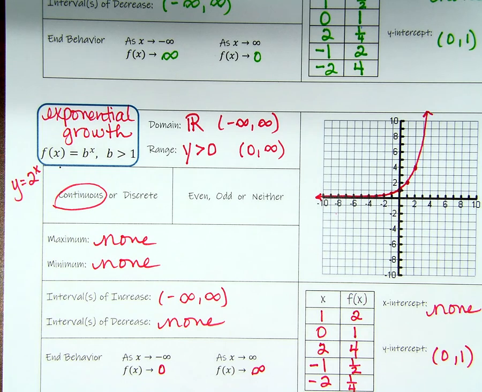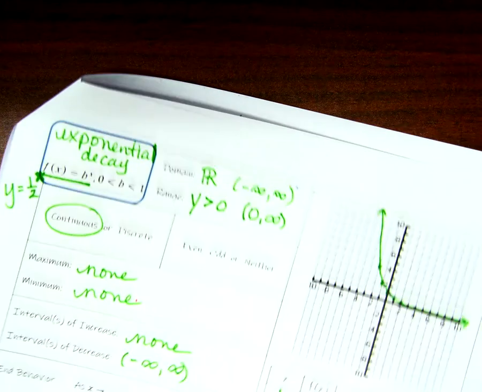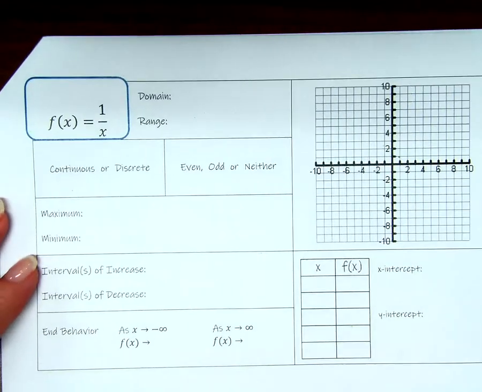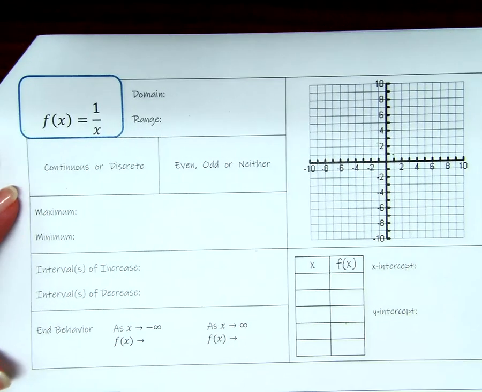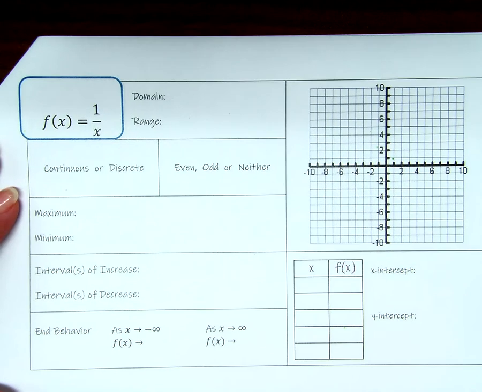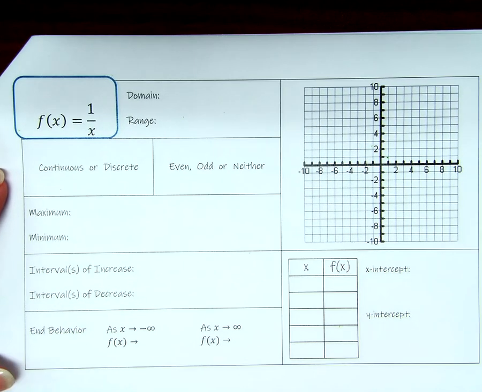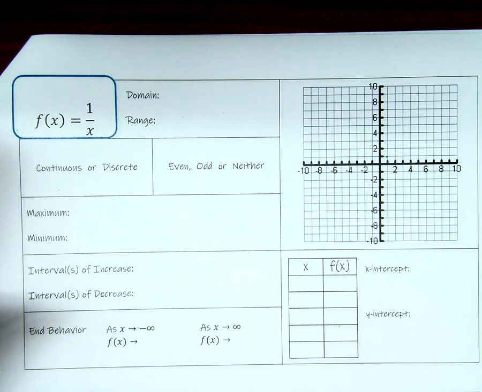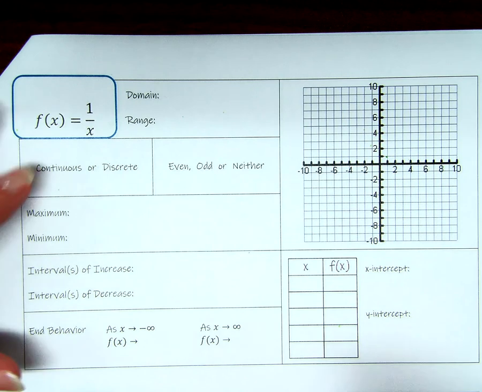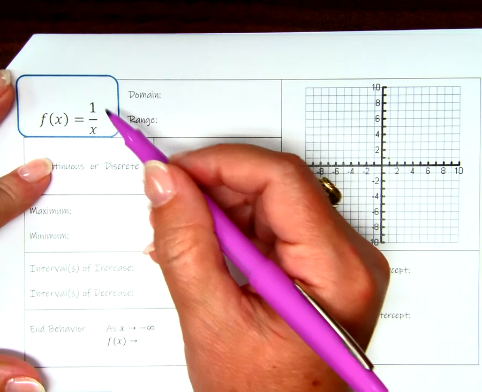Okay? Now, here's what I want us to do. I want us to name the rest of these in this packet. I want you to know the names of the rest of these in this packet. We are not finishing the rest of this packet today. But I do want you to have the names written down in this packet. Okay? What do you think this one's called?